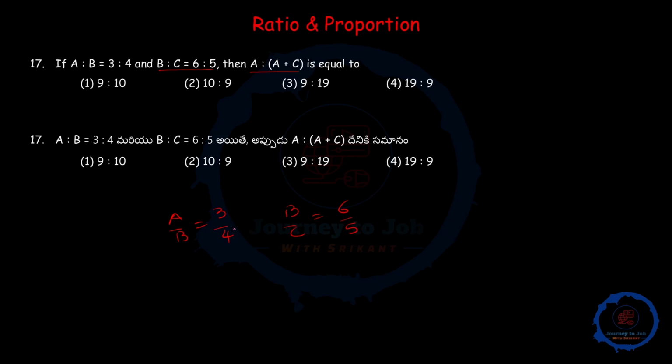Now these are not proportionate in a, b, c. First we have to find out a is to b is to c, because we don't know the direct relation between a and c. So if we find a is to b is to c, we will get to know the direct relation between a and c. So this is 3 is to 4, this is 6 is to 5. Therefore this is actually 18 is to 24 is to 20, divide with 2, 9 is to 12 is to 10. So 9 and 10 is the a and c relation.